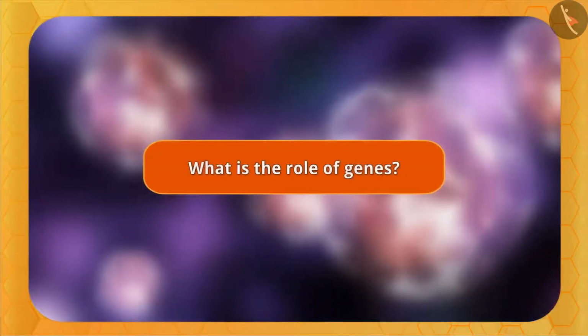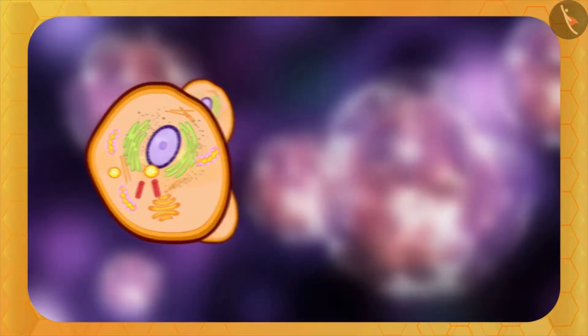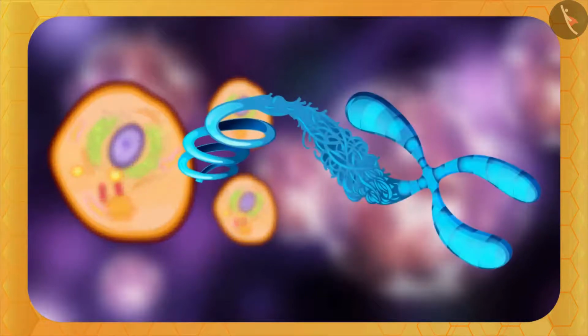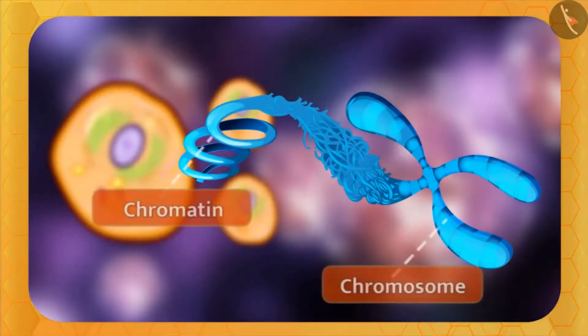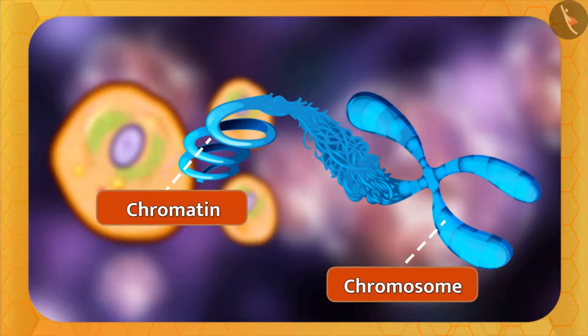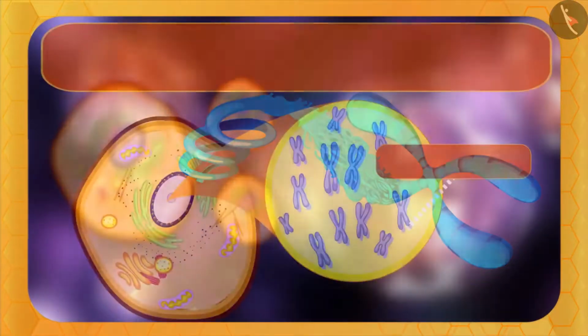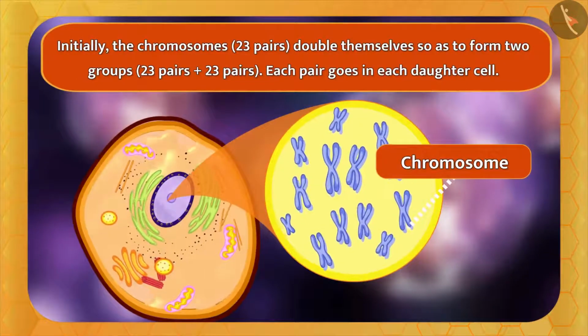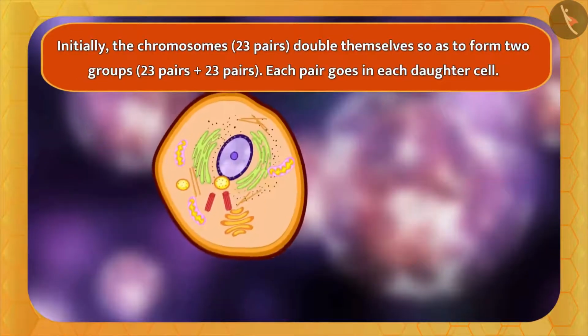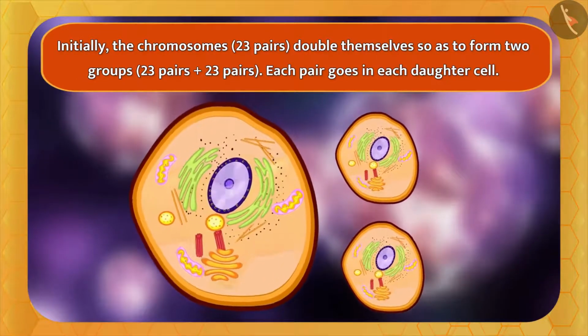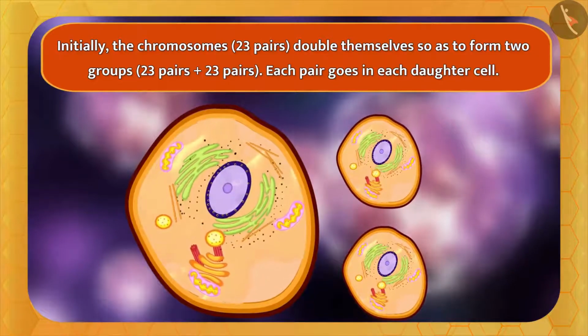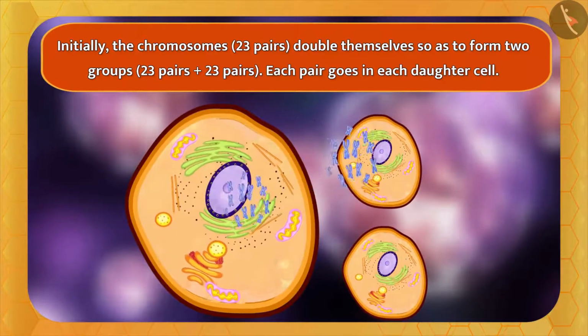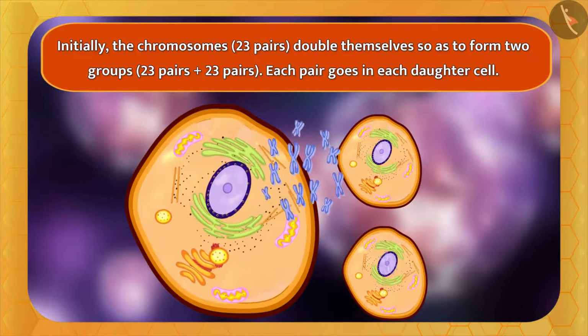Now, what is the role of genes? Just think. Well, when a cell divides, then the chromatin gets organized into a structure called chromosome. Now, you can see a lot of chromosomes in the nucleus of the cell. This means that the cell is about to divide, and when the cell divides, some part of chromosome migrates to the new cell.